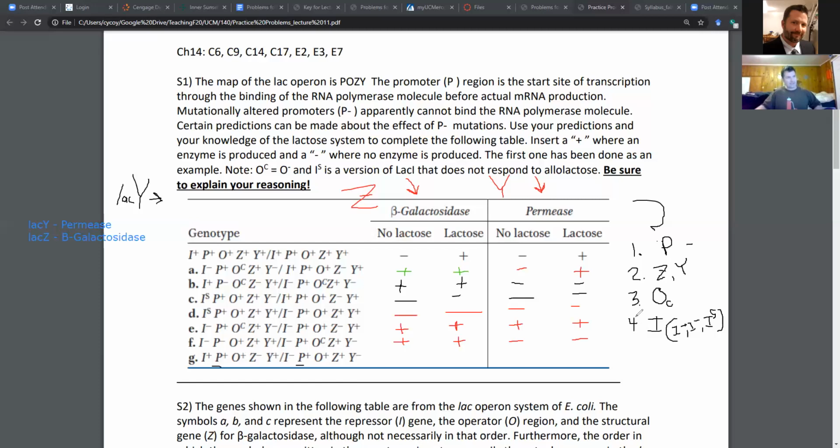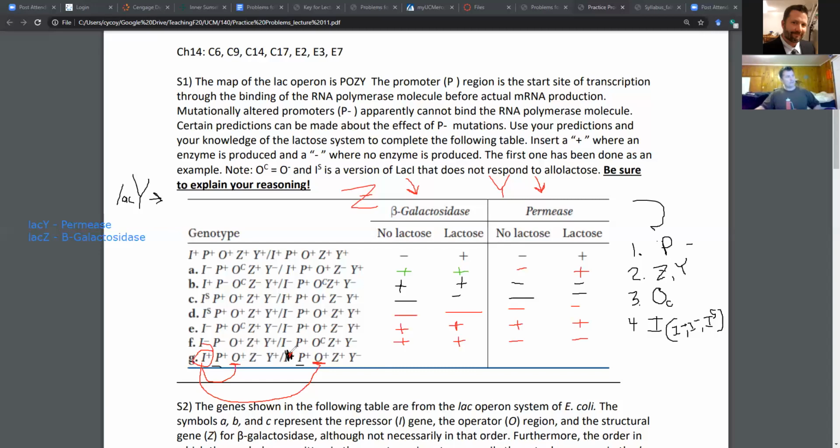Okay, so now we have to look at the I, the inhibitor. We have one broken inhibitor here, so we don't have to worry about that one. But the other I is going to bind here in the absence of lactose. And guess what? It's a trans-acting factor, so it is also going to bind here in the absence of lactose.